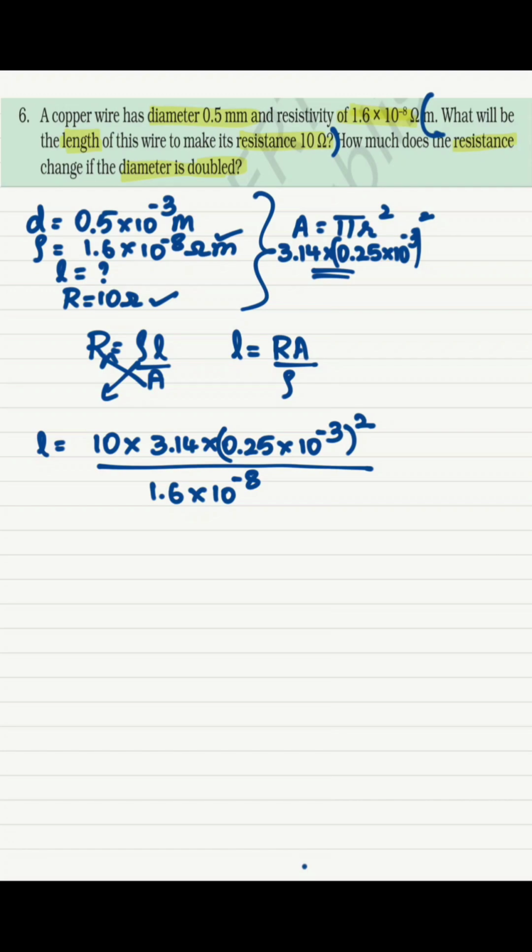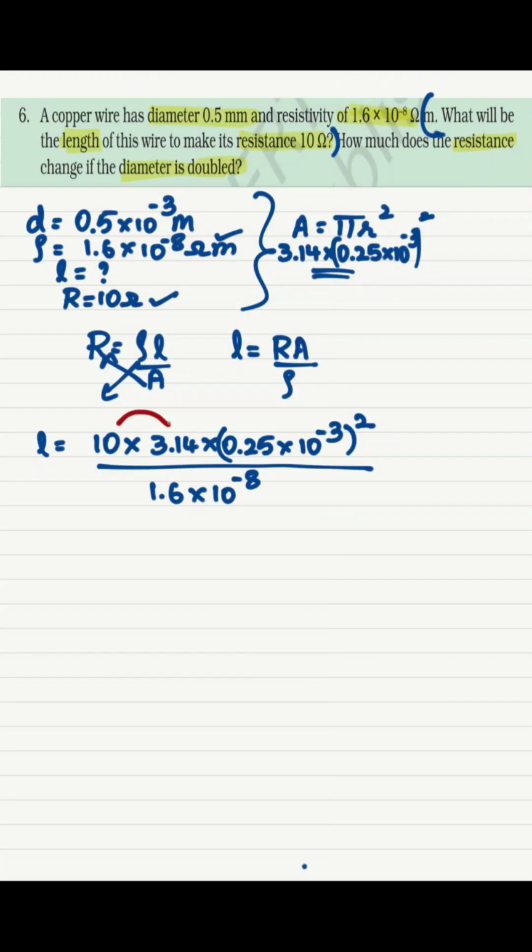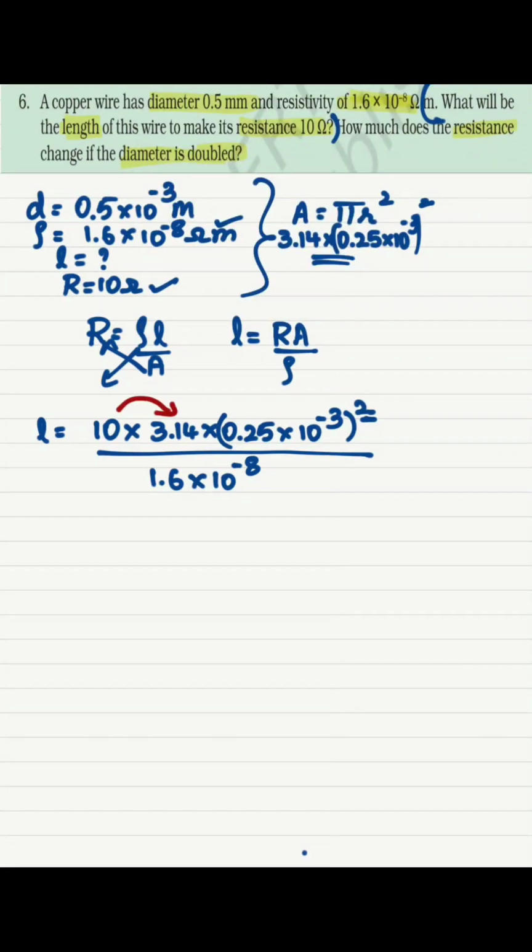So now let me multiply these two, that is 10 and 3.14. We'll be shifting the point, so it will be 31.4 into, we can multiply 0.25 into 0.25 directly.